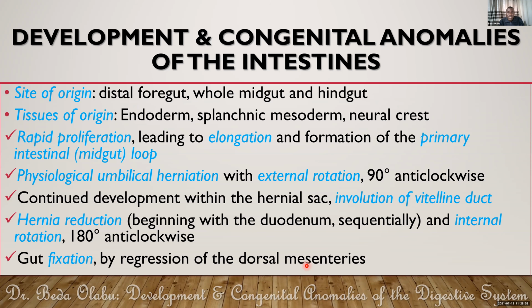The parts that lose their mesentery are basically the ascending colon, the descending colon, and the duodenum. So those three parts lose their mesentery, so that now they're the ones used to hold the intestines onto the abdomen so that the intestines cannot come out again.